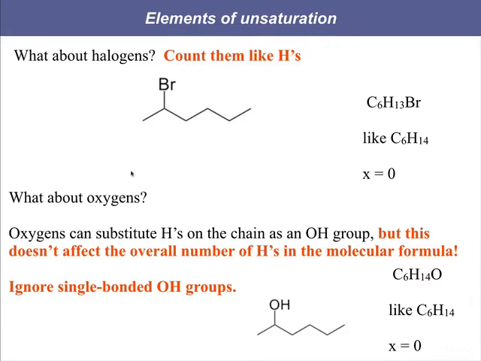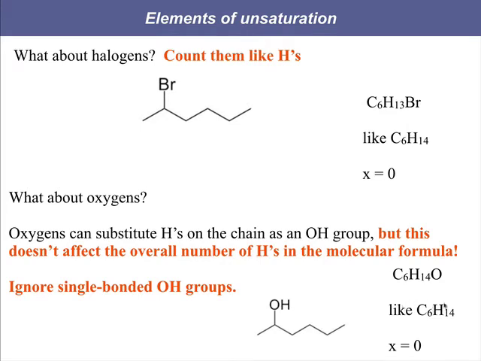If you take a normal alkane and you put an oxygen in place of a hydrogen, you end up with another hydrogen on that oxygen. If you put an OH group on a molecule, you don't affect the overall number of hydrogens that are there. This structure is C6H14O, which means compared to normal hexane, which was C6H14, this does not lose any hydrogens.